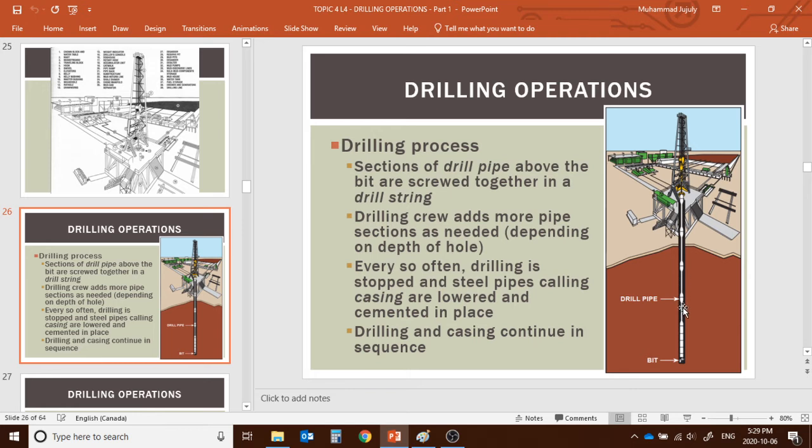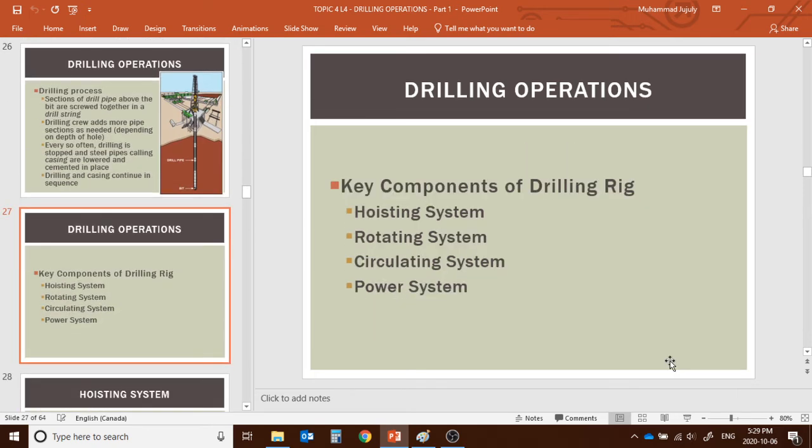The end of the tip is definitely the drill bit. Once you complete one portion of the drilling, you do the casing, then lower the pipe again and do the drilling, then put the casing and do the cementing again, and it continues.